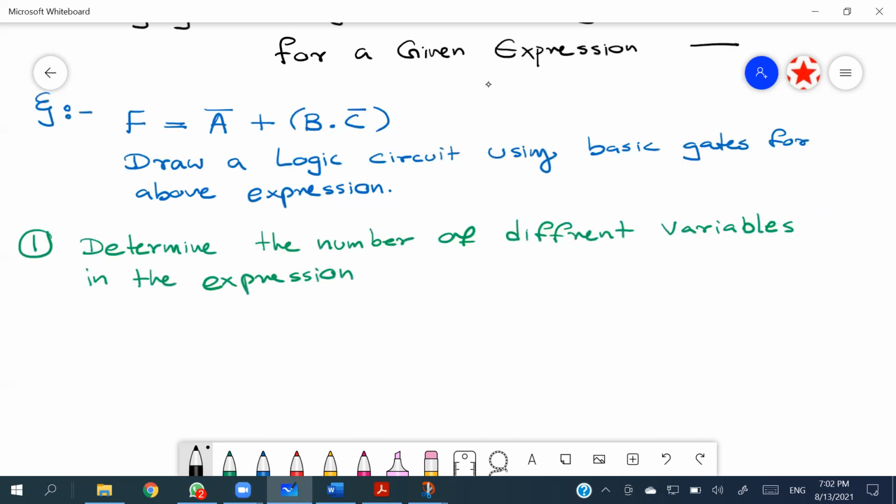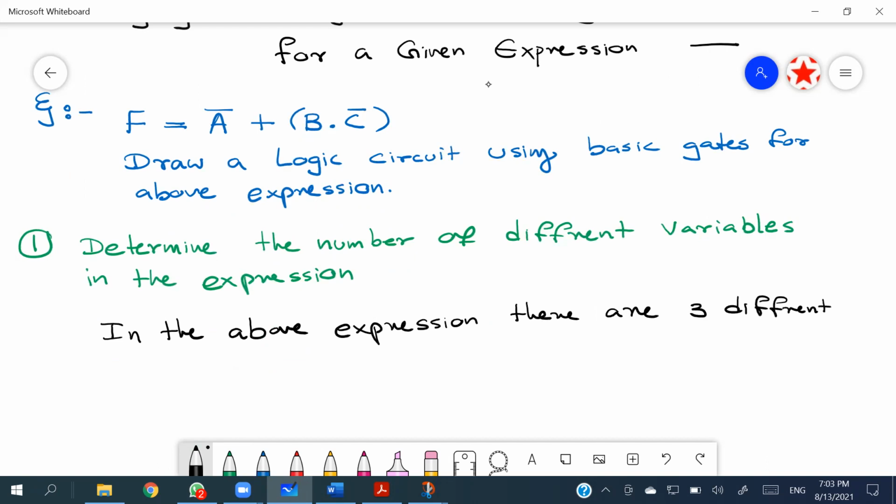So I'm going to write it. You don't need to write these things, but when you are making the calculation, while we write it now, write it down: in the above expression, there are three different variables which are A, B, and C. Right?